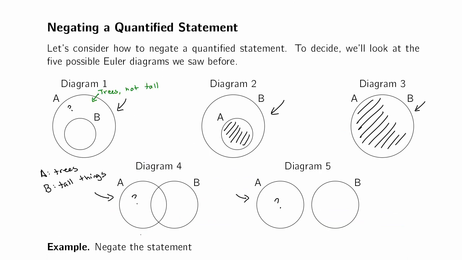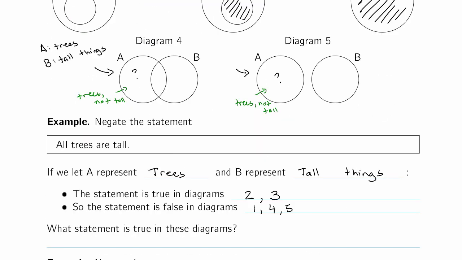They're here in diagram 1, here in diagram 4, here in diagram 5. What do all of these have in common? These are exactly the diagrams where some trees are not tall. So the negation of the statement, all trees are tall, is the statement, some trees are not tall.